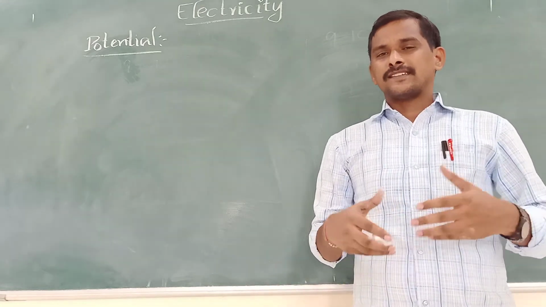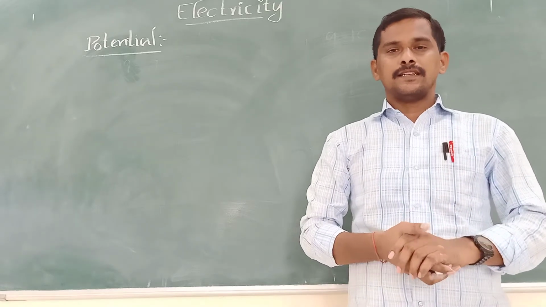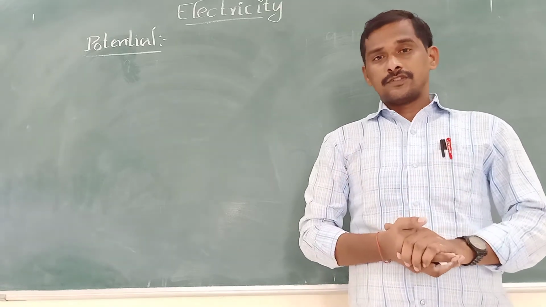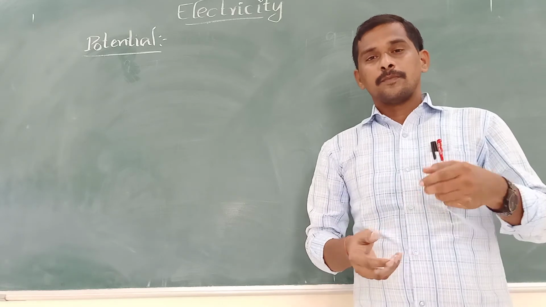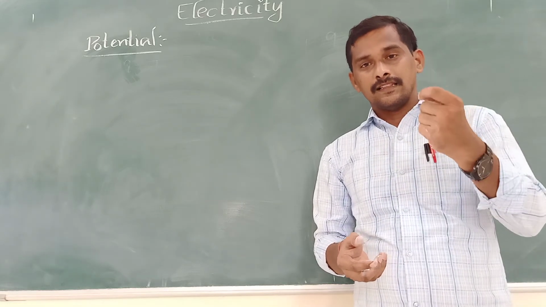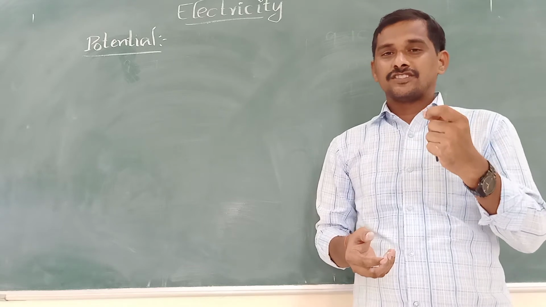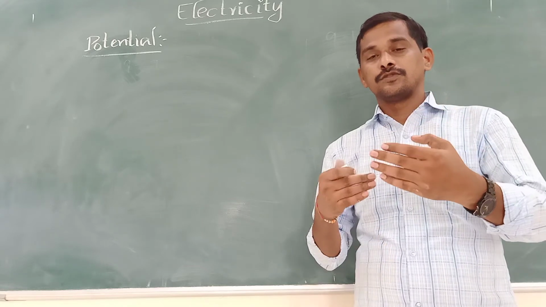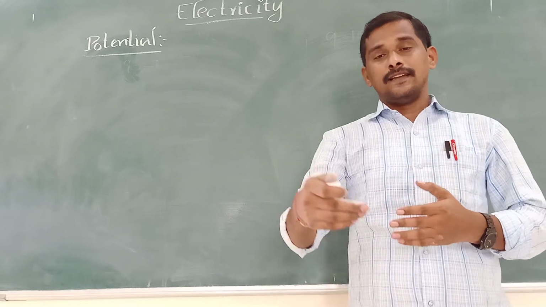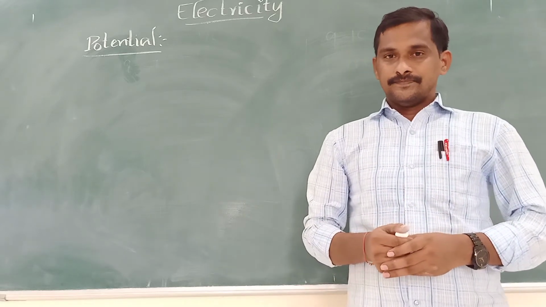So the reason is that some electric force is required. How can we get that electric force? Suppose you add a cell, the source; that chemical energy will be useful to push the electrons from one place to another in a current carrying conductor.